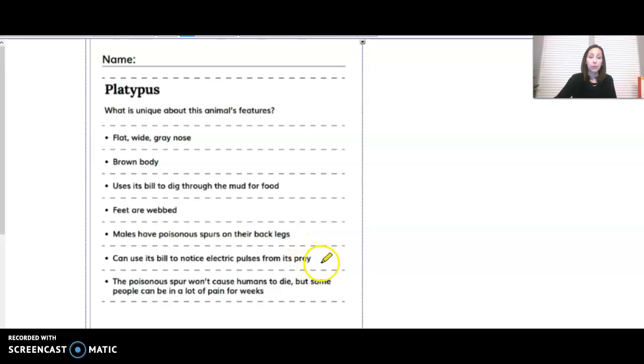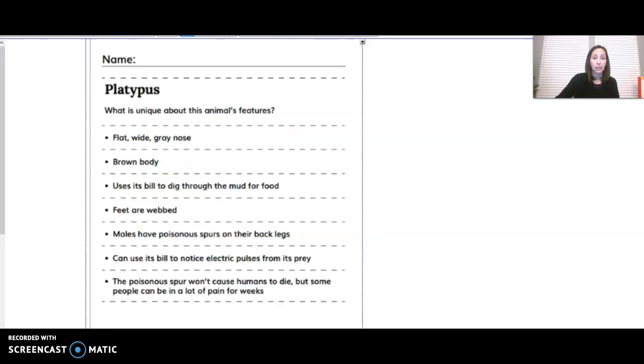Can use its bill to notice electric pulses from its prey, that's a bill detail. And the poisonous spurs won't cause humans to die, but some people can be in a lot of pain for weeks, that's a body detail. So if you chose the platypus and the body, you would pick 2 of those details that tell about the body. If you chose the bill of the platypus, you would choose the 2 details that tell about the bill.